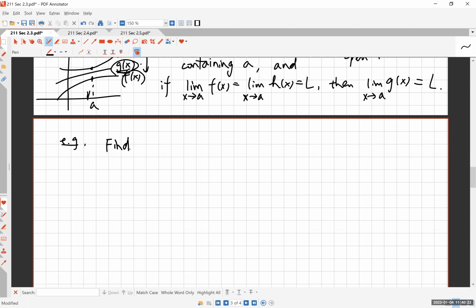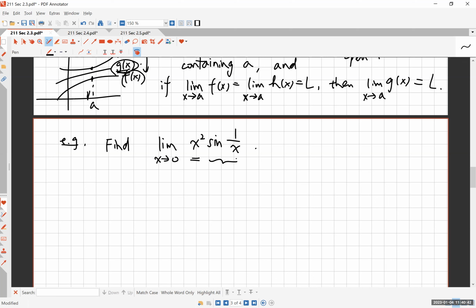All right. Now, here's an example of how you may want to use this. Find the limit of x squared sine of 1 over x as x approaches 0. Okay, now this is a hard question. We can't use conjugates or factoring or anything, obviously, right? Now this thing goes to 0.